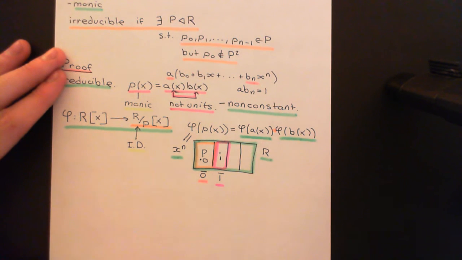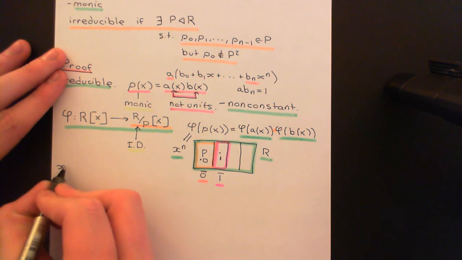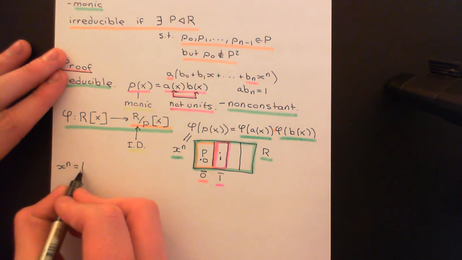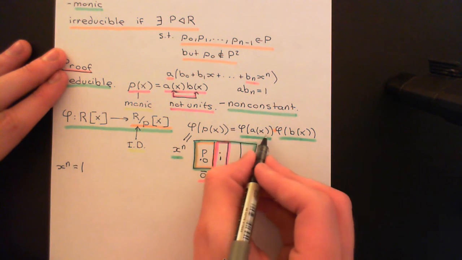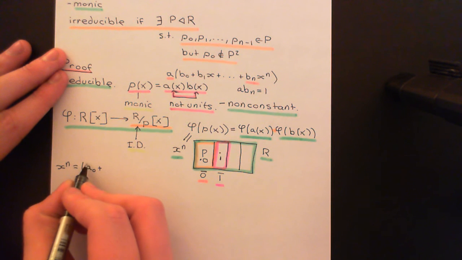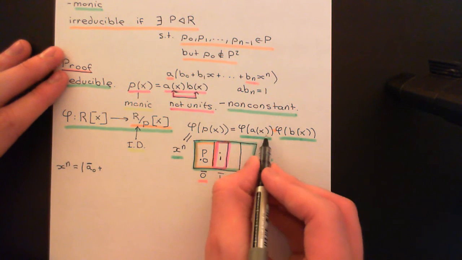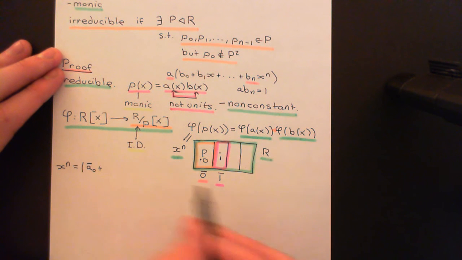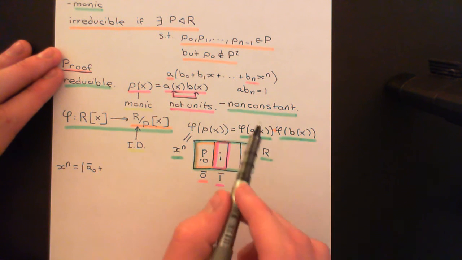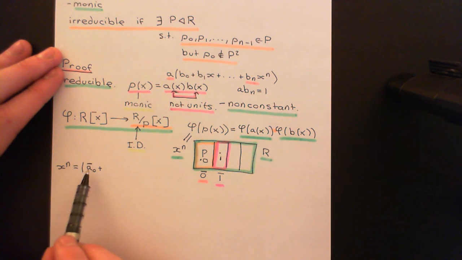Well, it's best to actually write this out explicitly, so I'll write this over here. So we'll have x to the n, which is the left hand side here, is equal to our polynomial phi of a of x, and I'll put bars. I would have written the polynomial a of x as a0 plus a1x plus all the way up to, let's say, am x to the m. But now of course it's phi of a of x, so all of the coefficients have been taken onto their cosets, so I'll just denote their cosets by the bar notation.